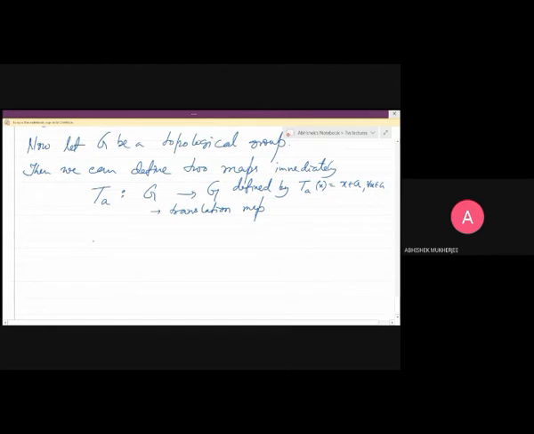And another one is M minus 1, which is from G to G defined by M minus 1 of x is minus x, and it is called inversion, right?